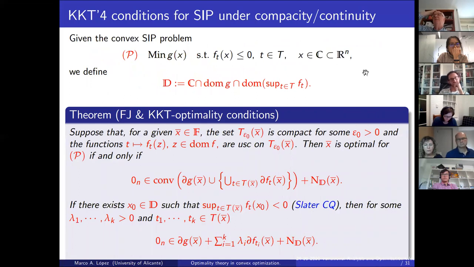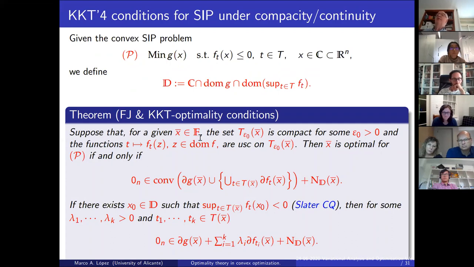Let me go to the last set of KKT conditions. This is my problem. Again, I'm reminding you several times so the audience does not forget the meaning of the symbols. Here I'm considering this set, which is the intersection of the effective domain of g, the effective domain of the indicator function of C, which is C, and the effective domain of the supremum function.